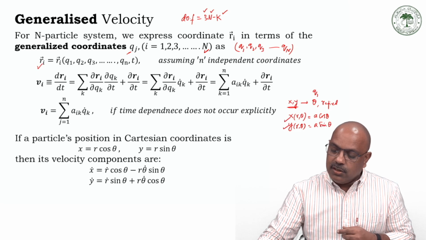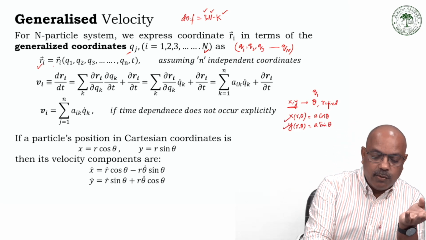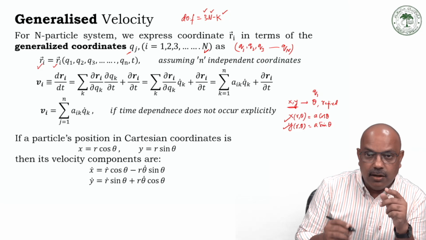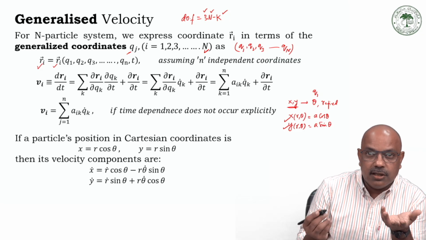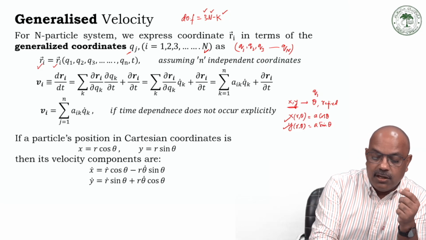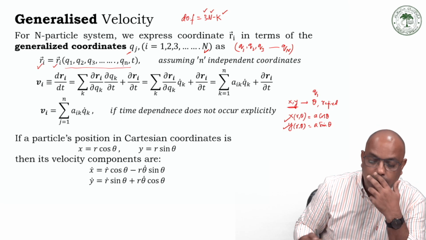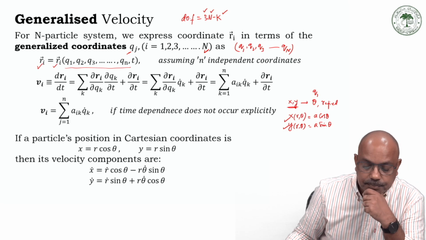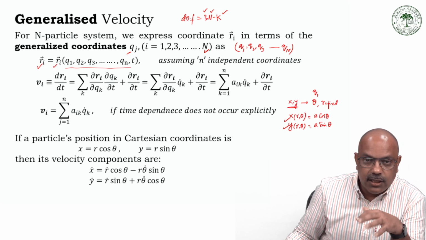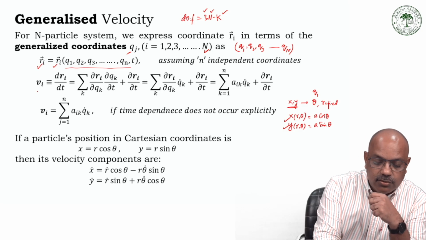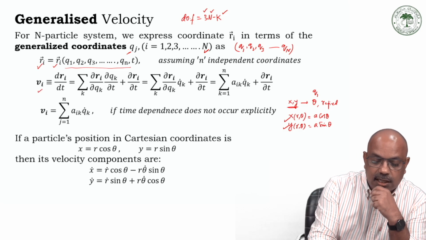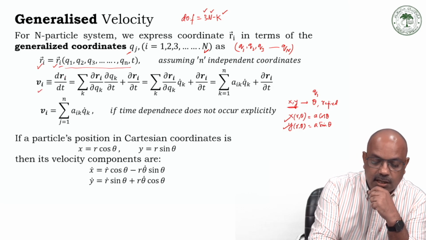So the coordinates over which the constraints have been applied, in order to specify the system uniquely, we define the generalized coordinates q1, q2, q3, and so on. If I differentiate it, I'm going to have the velocity, that is dr by dt.